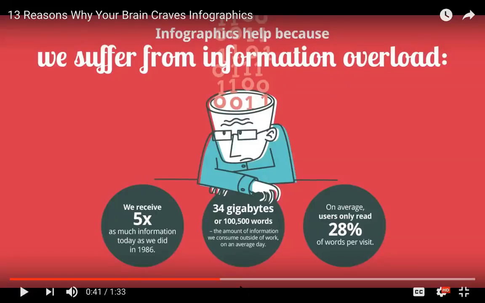It's not surprising that on average, people only read about a third of the information that they're actually exposed to, especially on the web, I would say. Yeah, it used to be you had to go to the library or find an encyclopedia or whatever. You couldn't just Google things to find information.